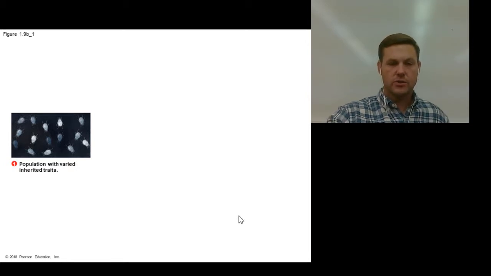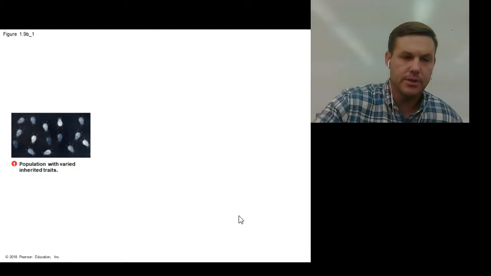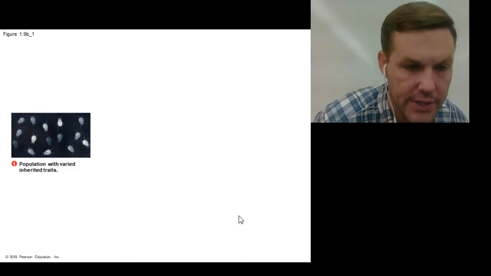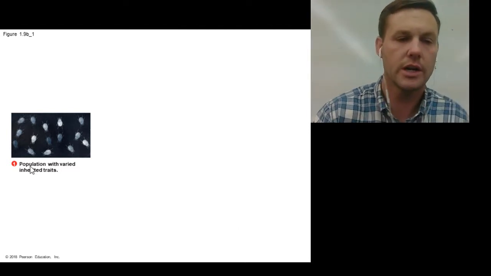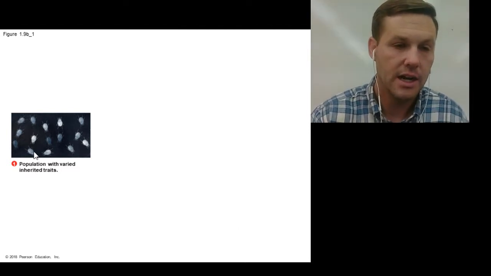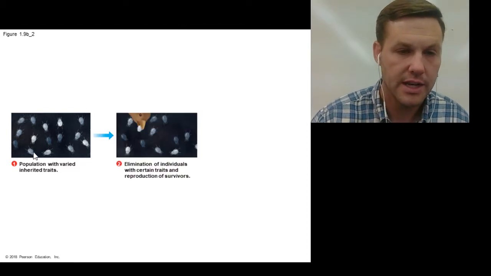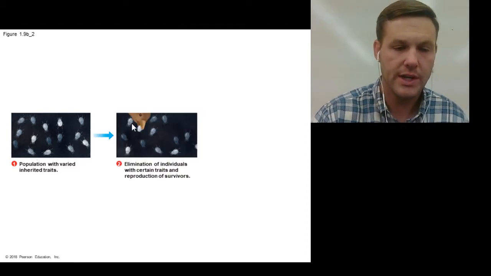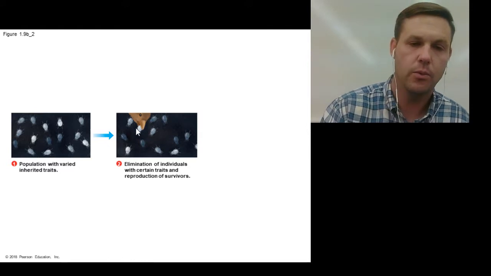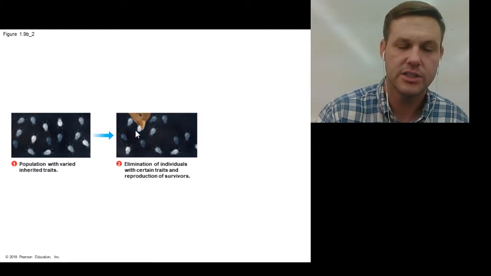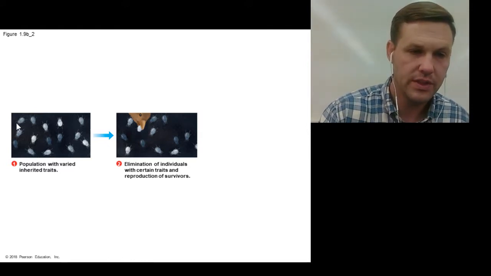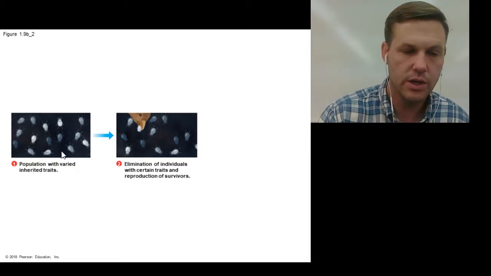So let's look at how this works out. We have a population of insects with varied traits. Some are dark, some are light, some are grayish. Now a predator bird comes in and picks out one of these insects, and it is a light one.